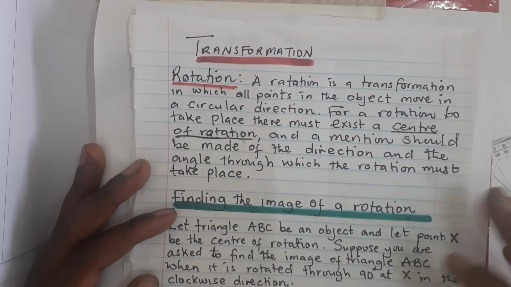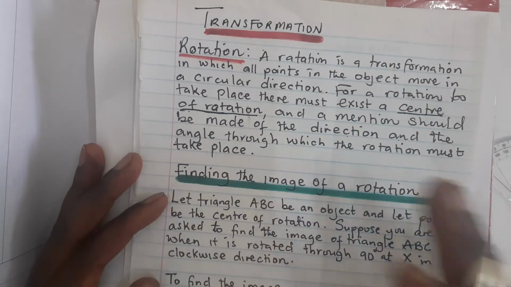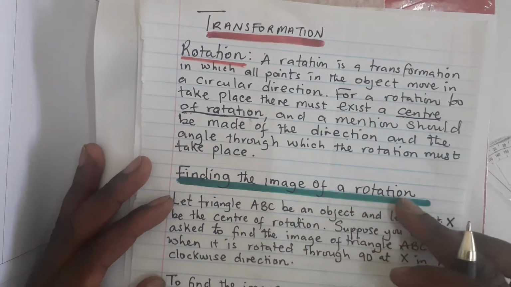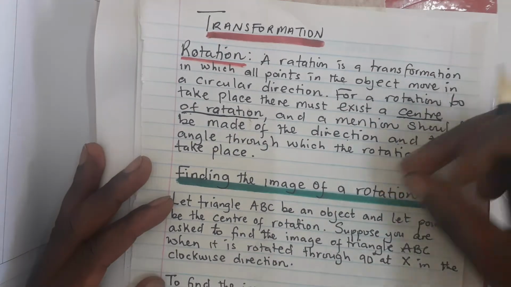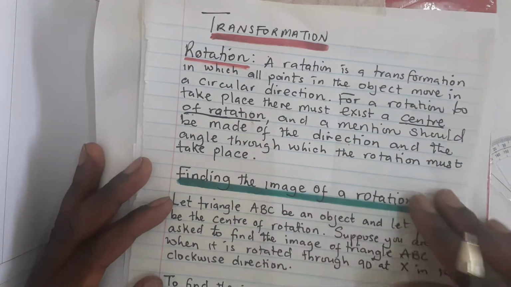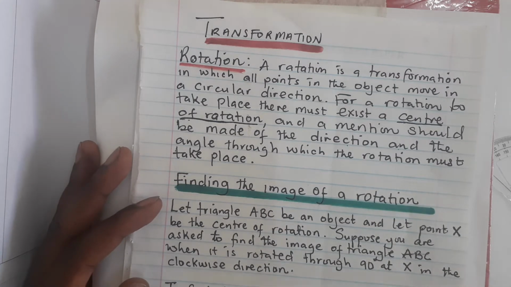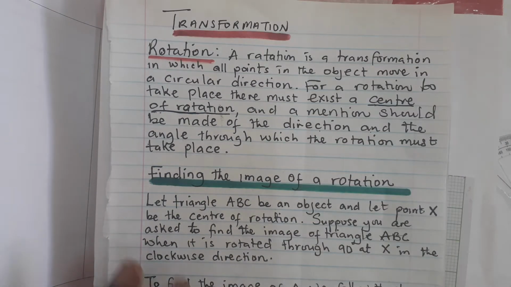Are we together? That is what I want to help you see: how you can find the image of a rotation when you have the object, the center of rotation, and the angle through which the rotation will take place.